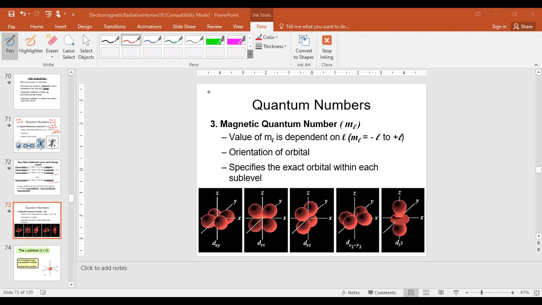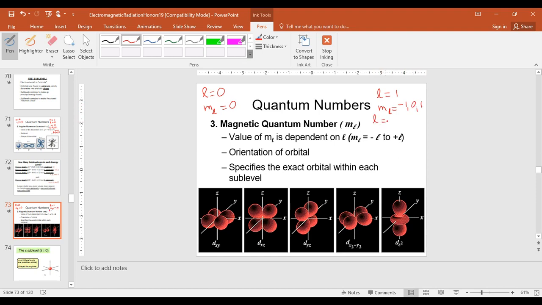Okay, so when L is equal to 0, M sub L will only equal 0. When L is equal to 1, M sub L will equal negative 1, 0, and 1.